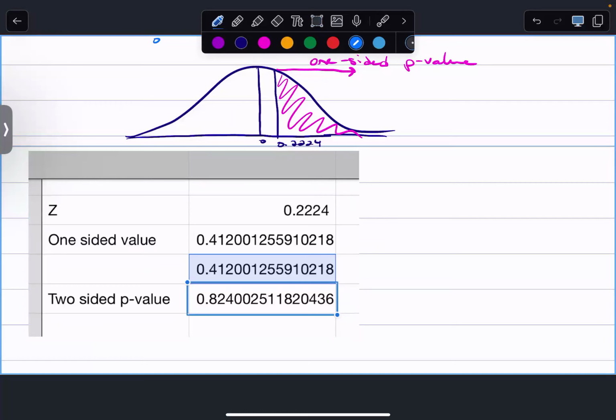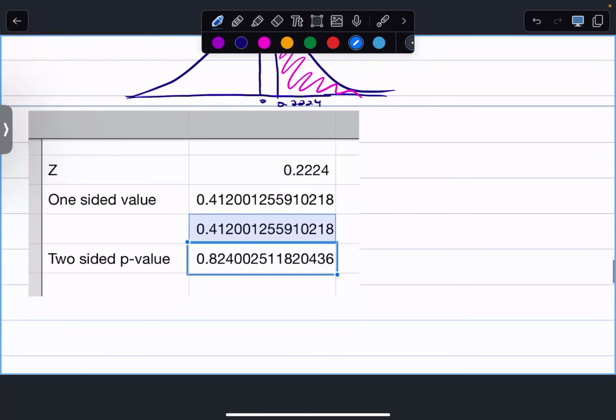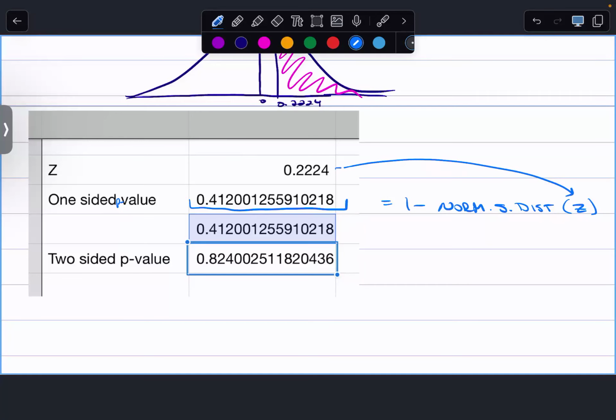The difference here is the one-sided p-value. This was equals 1 minus norm.s.dist of z, right? This z here.